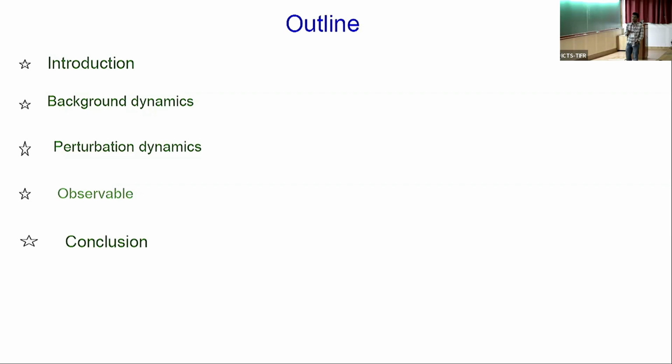Then I will solve the background equation in the presence of the gauge field. Next, I will solve the perturbation dynamics of the inflaton field in the presence of the gauge field. Next, I will calculate some observables like the spectral index, tensor-to-scalar ratio, and f_NL. And last, I will conclude my talk.